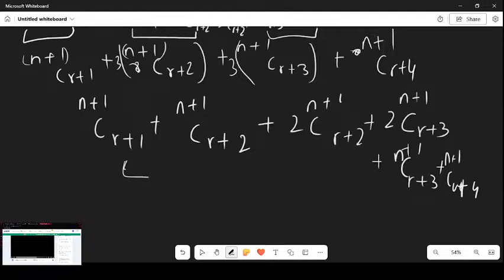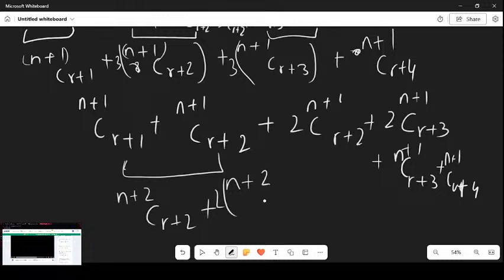Now this can be written in the form of m plus 2 Cr plus 2, and this can be written in the form of 2 into, it's actually decreasing, Cr plus 3 plus... we had 4 terms and it became 3 terms.